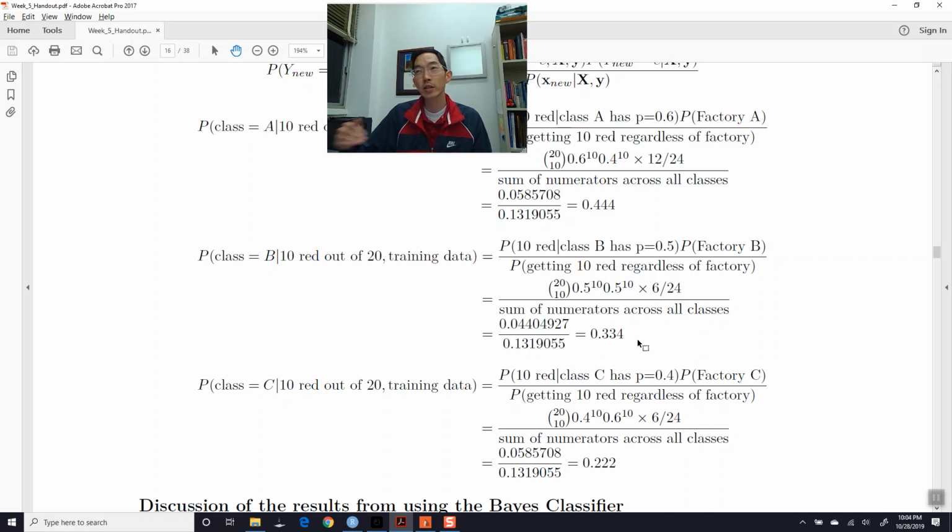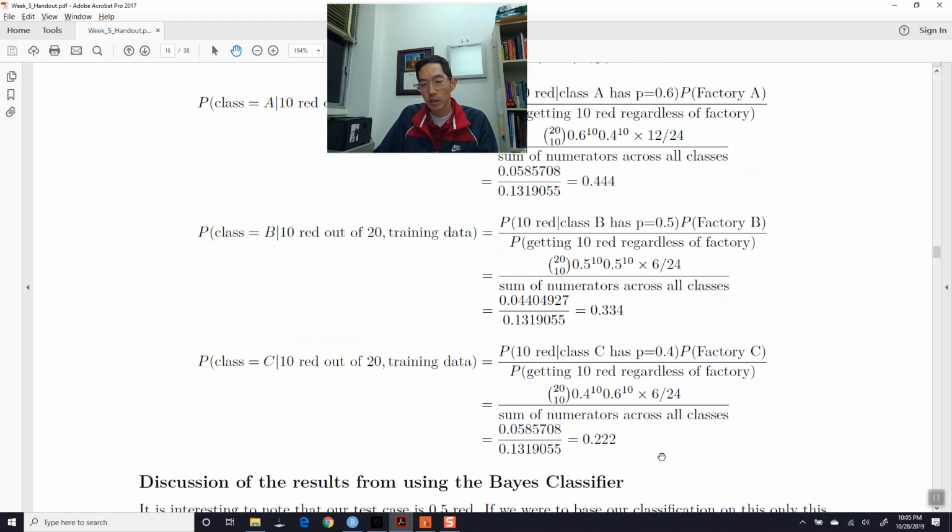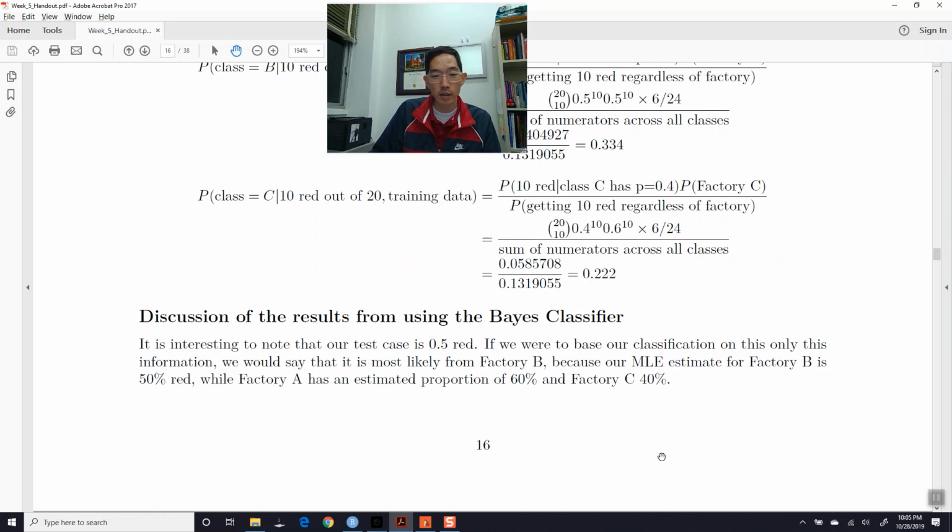So prior to looking at the data, we would have predicted class A with 50% and class B with 25% and class C with 25%. After looking at the data, class A's probability goes down from 50% to 44%. Class B's probability goes up from 25% to 33%, and class C's probability goes down from 25% to 22%, right? And so that is the Bayes classifier, okay?